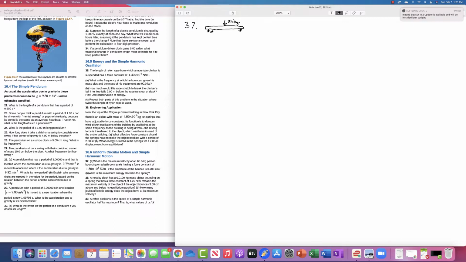and this compresses 0.2 centimeters or 0.002 meters.